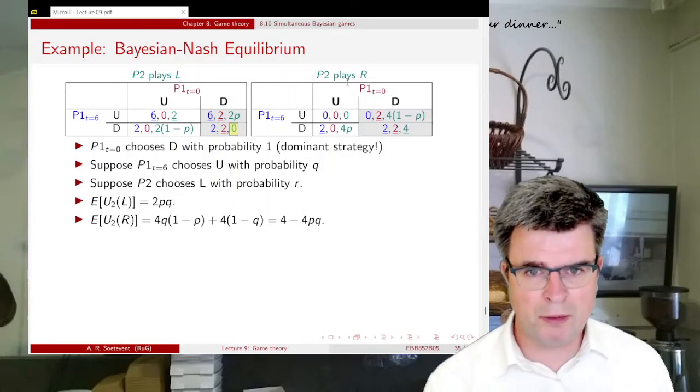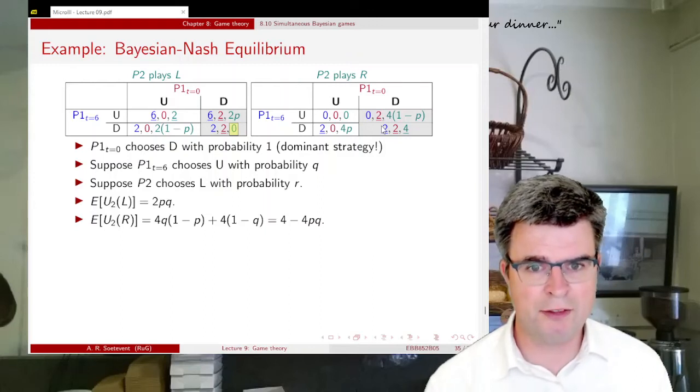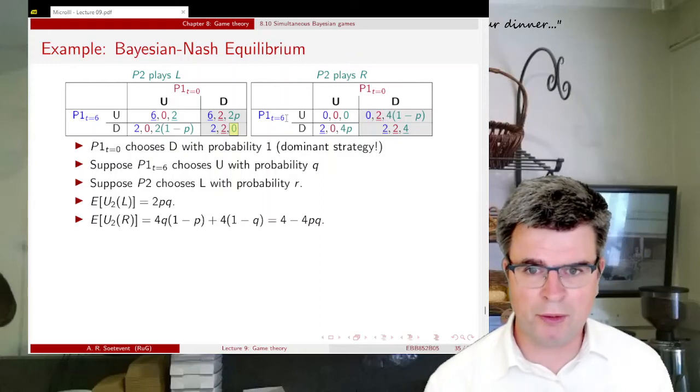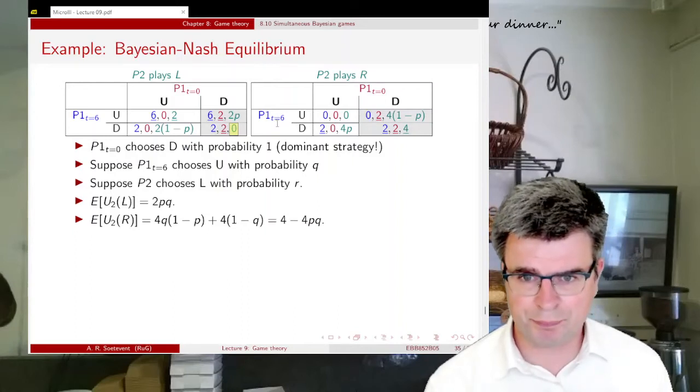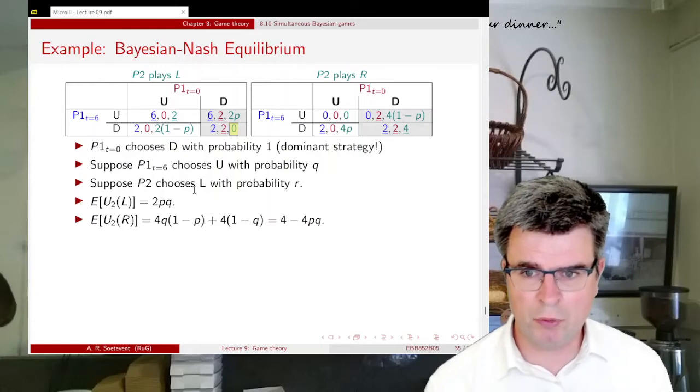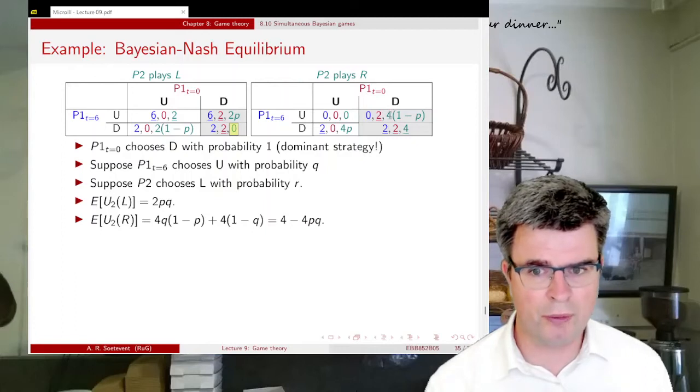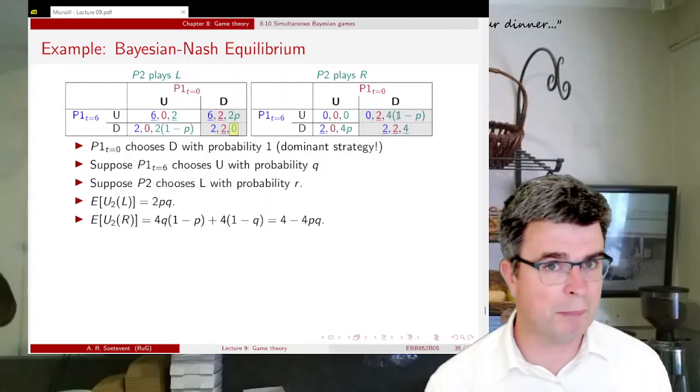Now suppose that player 2 plays right. What is his expected payoff in that case? Well, if player 1 is of type T is 6, then he will choose up with probability Q, in which case player 2 will receive a payoff of 4 times 1 minus p.